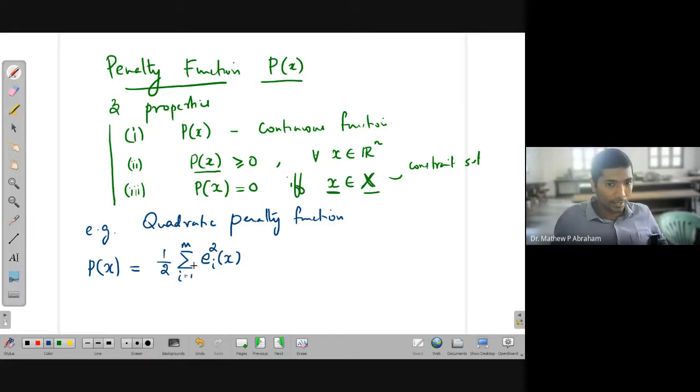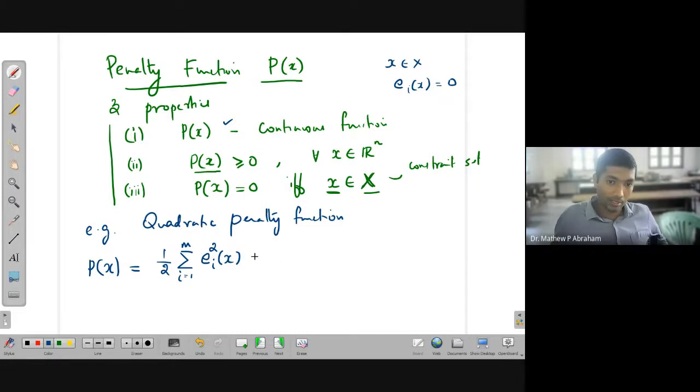This is just considering the equality constraints, and you can see that these three conditions are satisfied. It is a continuous function. It is always greater than or equal to 0 because of the quadratic nature, and it is 0, this is important, if x belongs to capital X. Why? If x belongs to capital X, that means e_i of x equals 0. Because of that, this will become 0. So this is one term.